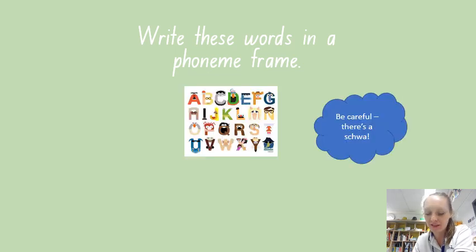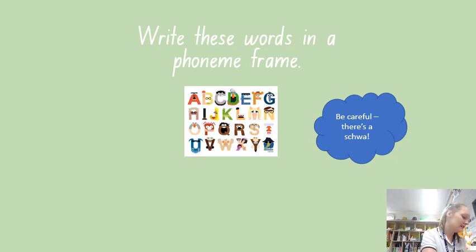All right, alphabet. Now it says here, be careful, there is a schwa. So let's have a think of how many vowel groups there have to be. Alphabet. So we have to have 3 vowel groups. So 3 places in the word where a vowel has to be. Okay, so I know the al is the first place. Fa. That's where my schwa is. Bet.